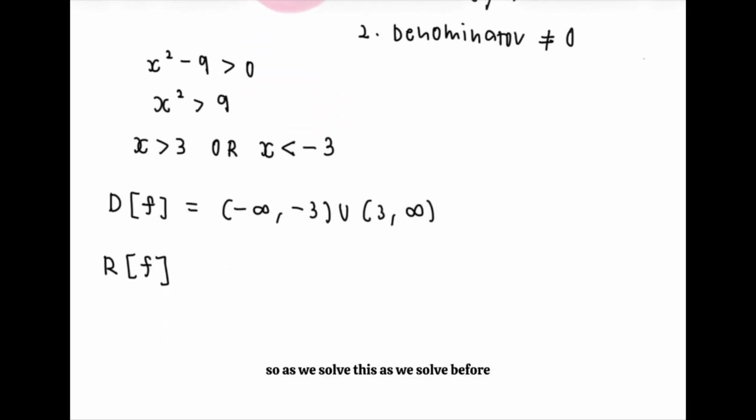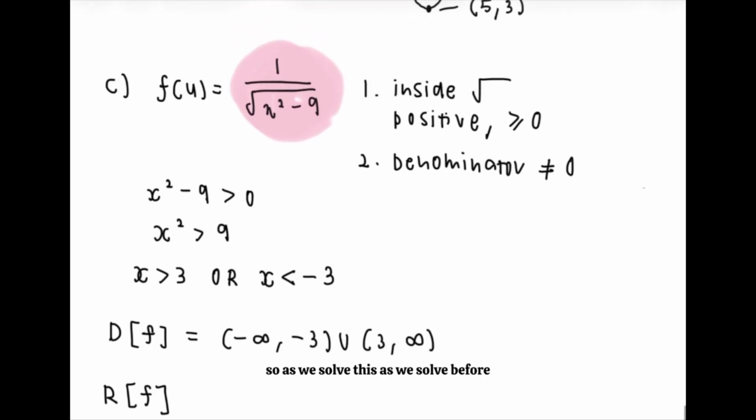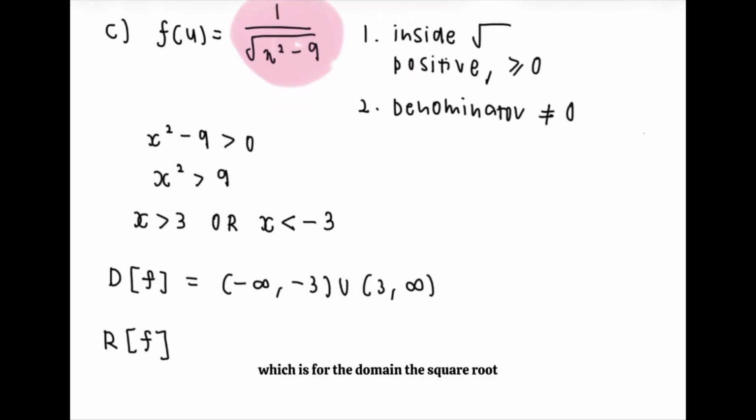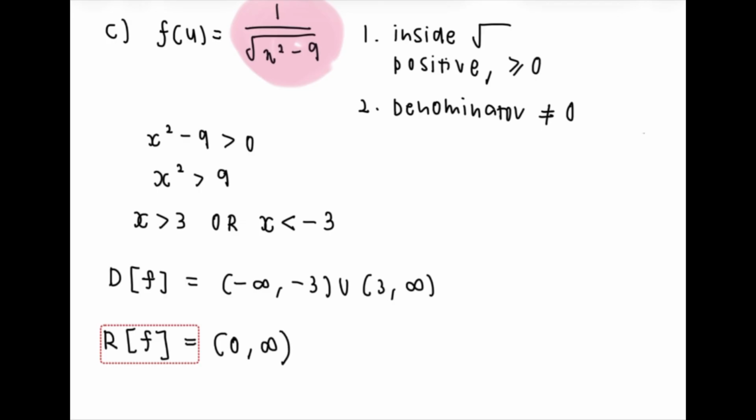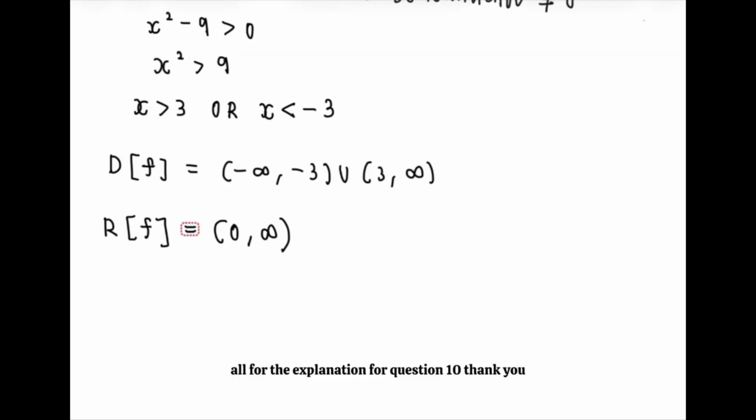As we solved before for the domain, the square root is always more than 0. So it also applies for y. So the y value will always be more than 0. So that is our range. Our range is 0 to infinity. That's all for the explanation for question 10.